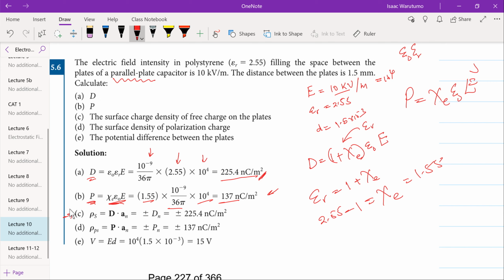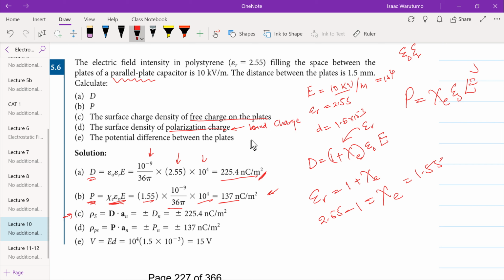In that case, what we are about to find out is that there is some surface charge density due to free charges on the plates. And then there is surface charge density due to the polarization charge. So the surface charge density arising due to polarization is the one we have called bound surface charge density.